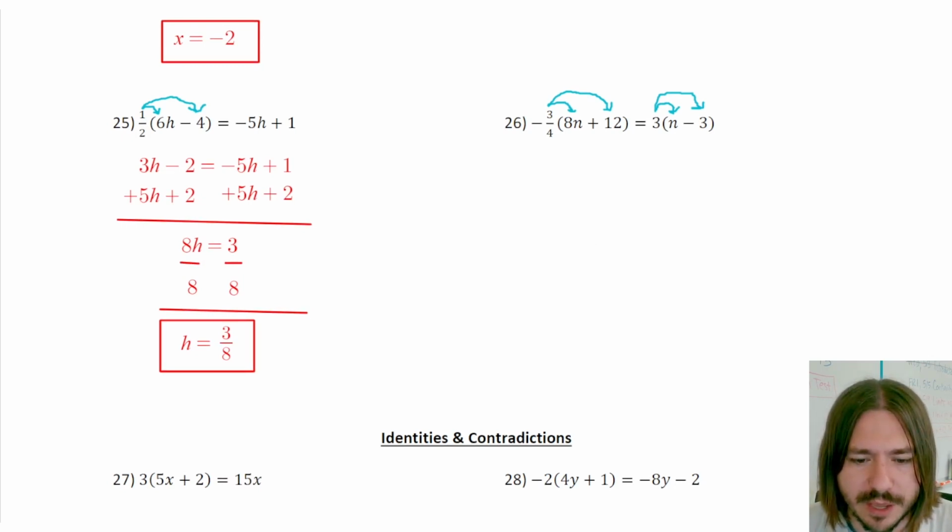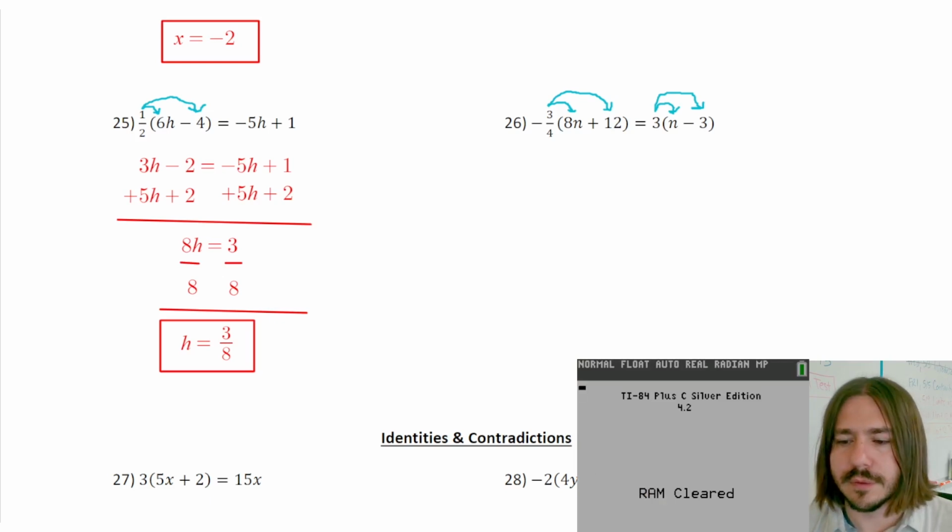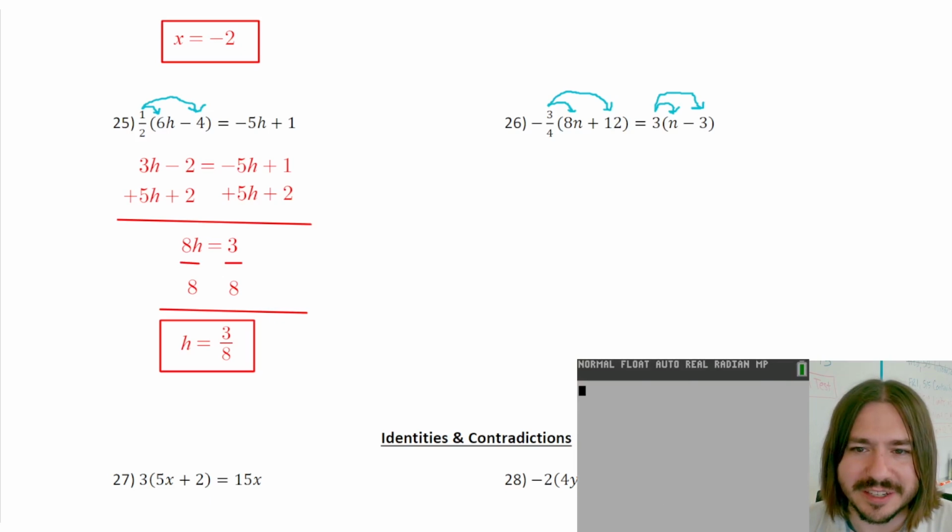So yeah, let's pull up the old calculator here. All right, looks like everything got cleared out. Very good, okay. So we've got negative 3/4.